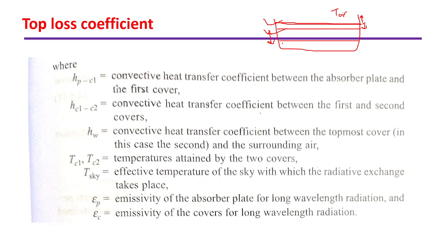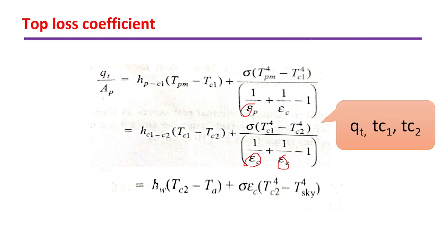Generally the heat loss increases due to the reflection of long wavelength radiation. This is universal for any kind of system. For the top loss coefficient, I'm again taking you through these formulas. Formula 1 considers plate to cover 1, formula 2 considers C1 to C2, and formula 3 considers C2 to air.